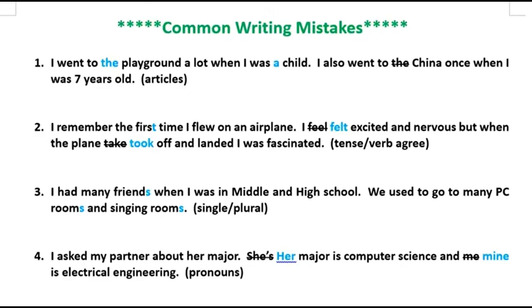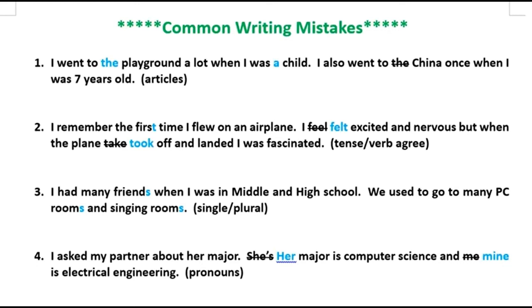At this time, I would like to do a bit of review about the common writing mistakes. Okay, let's look at number 1. We have an example. I went to the playground a lot when I was a child. I also went to the China ones when I was 7 years old. Okay, why do we not have the for China? I wonder if anybody knows why.